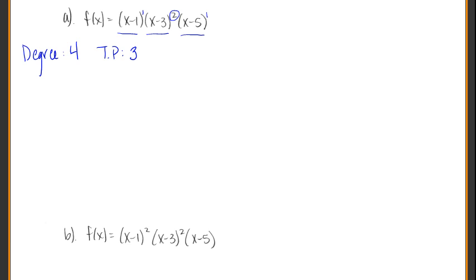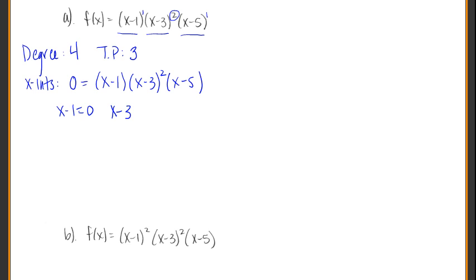Moving past that, next we're going to find our x-intercepts. Because this function is in factored form, it's going to be really easy. We set 0 for y, which in this case is f of x, equal to x minus 1 times x minus 3 squared times x minus 5. From there, just set each factor equal to 0, just like we normally do.